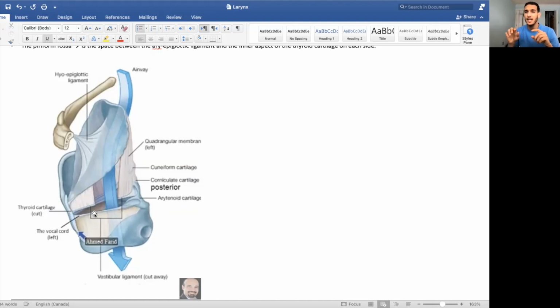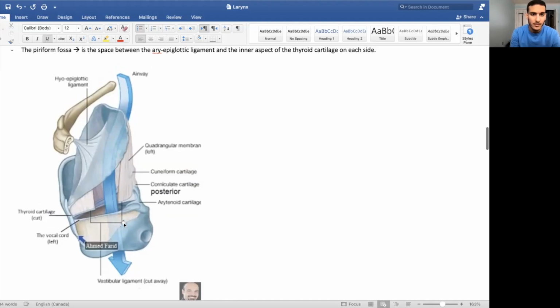This causes tension, and this tension helps to create the difference in pitch. You can see here it's labeled the left vocal cord. The left vocal cord is attached to the left arytenoid cartilage, and you also have the right vocal cord attached to the right arytenoid cartilage, and both of those meet at the anterior internal part of the thyroid cartilage.